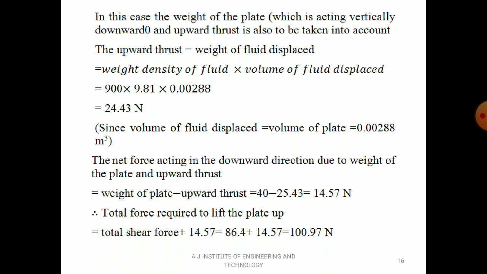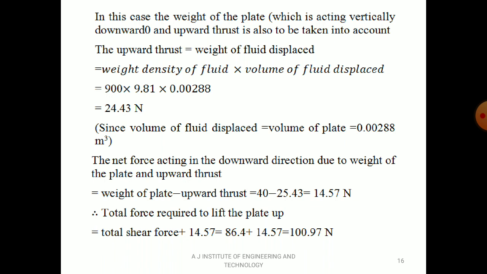Now, weight of the plate minus upward thrust. Upward thrust means there is a buoyant force. The buoyant force you got is 24.43. So 40 minus 24.43, you are going to get 14.57 Newton. Therefore, the total force required to lift the plate up equals the total shear force plus 14.57, that is 86.4 plus 14.57, which equals 100.97 Newton.